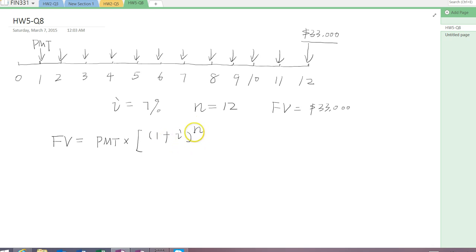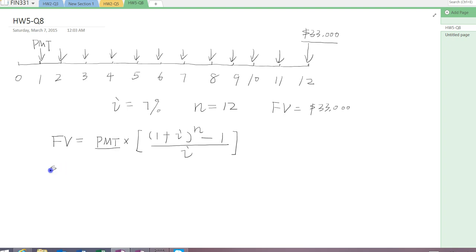Because we are calculating the future value, the power is positive. Minus 1, and everything divided by the interest rate. So this is the formula for the future value of an ordinary annuity. So now just plug in the numbers. Now we need to solve for this payment.